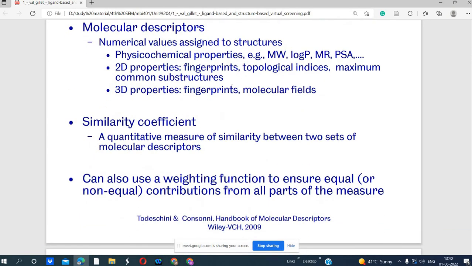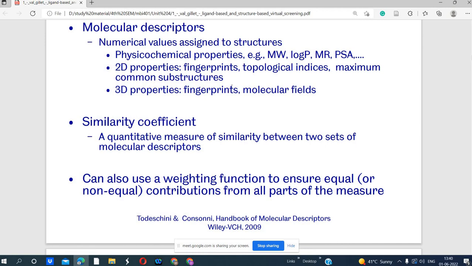Now come to the second component, that is called the similarity coefficient. Now what is this? A quantitative measure of similarity between two sets of molecular descriptors. Means whatever we have discussed just above. The similarity coefficient will tell you how similar these two structures are.